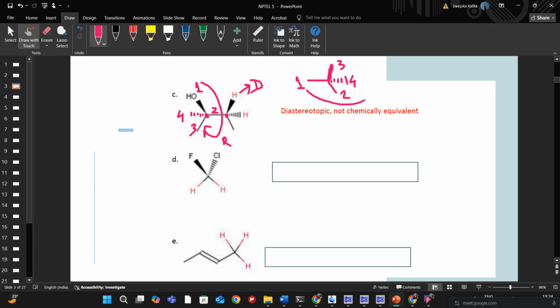So moving by 1 to 2 to 3, this will be having an S configuration. So overall, the molecule after replacing this proton by deuterium is having a pair of R and S absolute configuration.